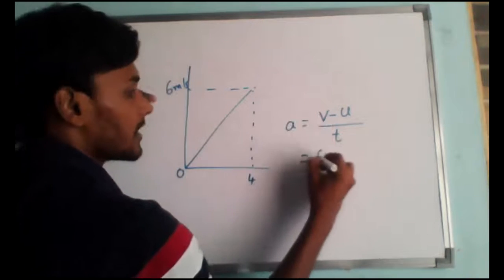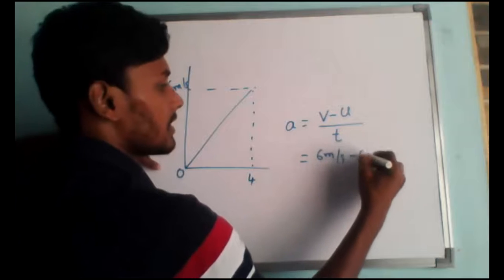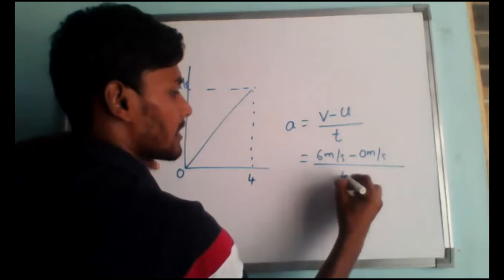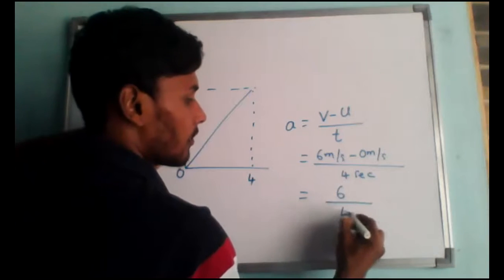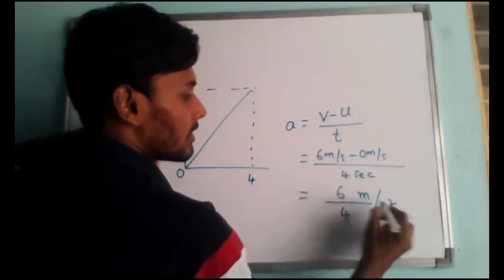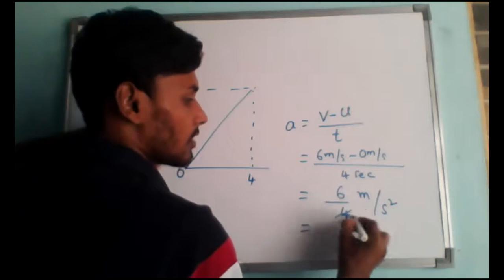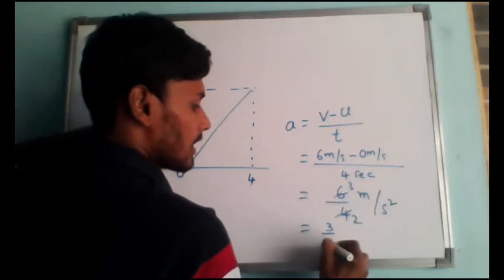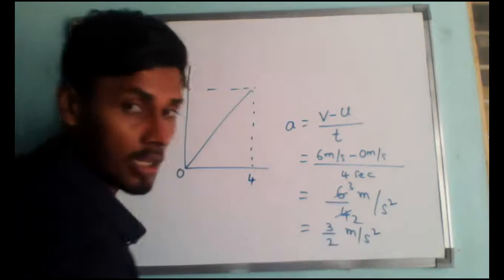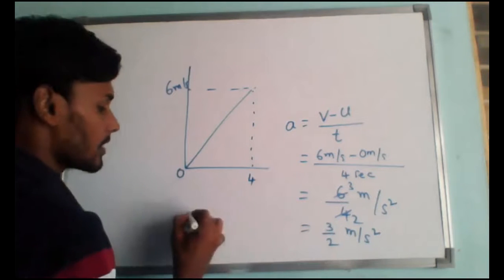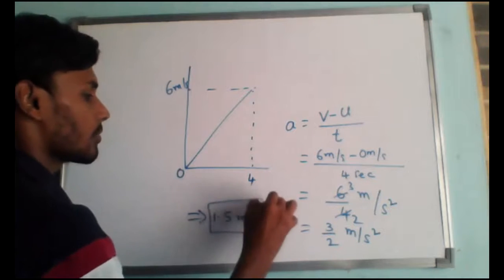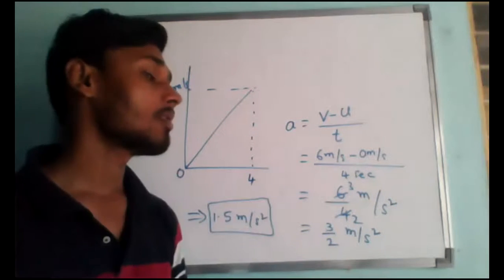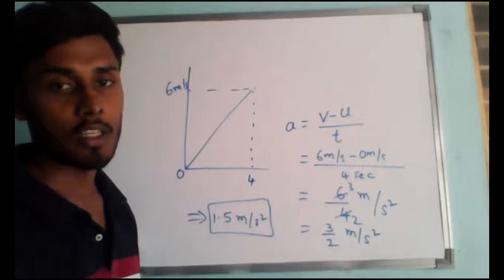So final velocity is 6 meter per second minus initial velocity 0 meter per second, divided by time equal to 4 seconds. 6 minus 0, 6 divided by 4 meter per second square. 6 by 4 means 2 2s are 4, 2 3s are 6, which is 3 by 2 meter per second square. So 3 by 2 means 1.5 meter per second square is the acceleration of the body. Uniform acceleration. Is it yes or no, all of you?